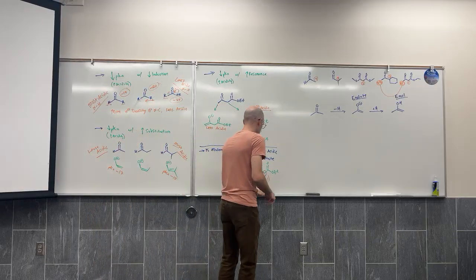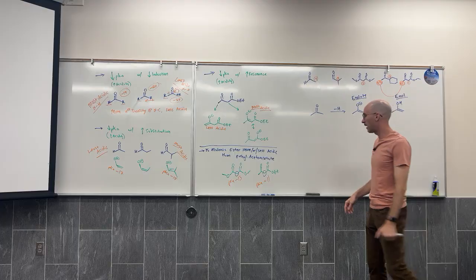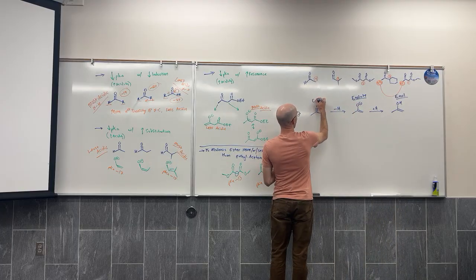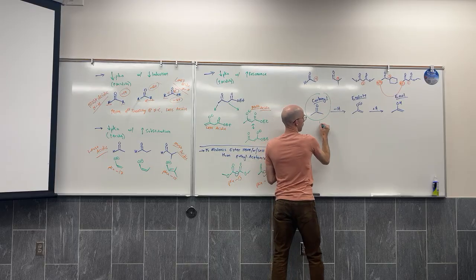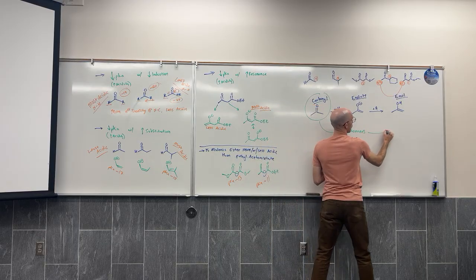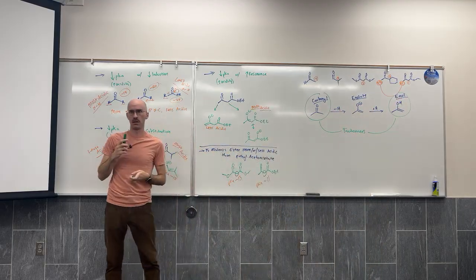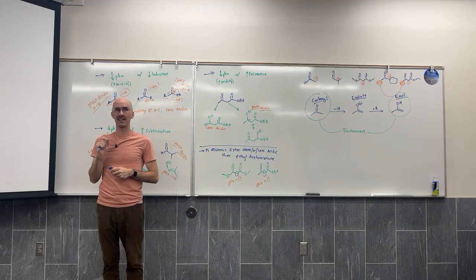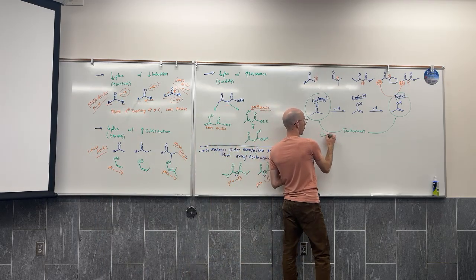The relationship between the carbonyl on the left and the enol on the right, these are referred to as tautomers. Tautomers are chemically interchangeable structural isomers.